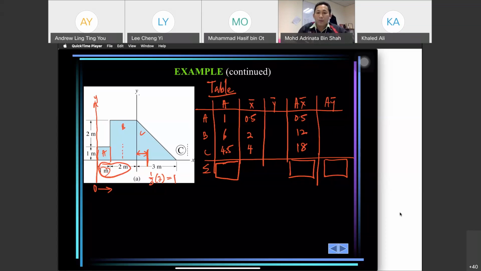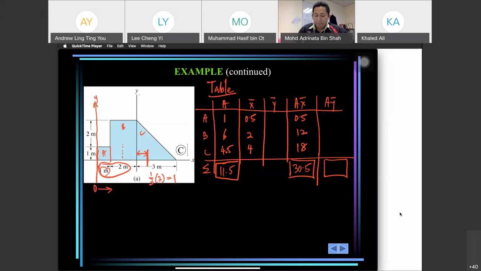So the summation of AX bar is 12 plus 18 plus 0.5 is 30.5. Okay. Summation of A is 1 plus 6 plus 4.5 is 11.5.